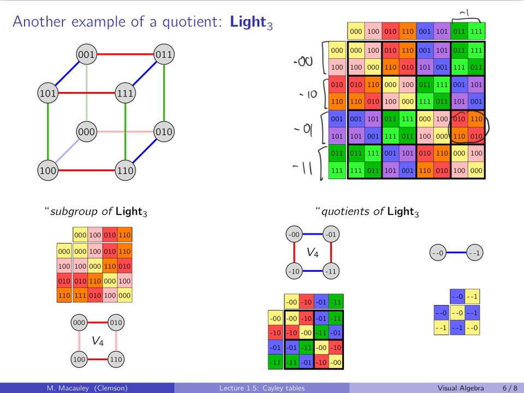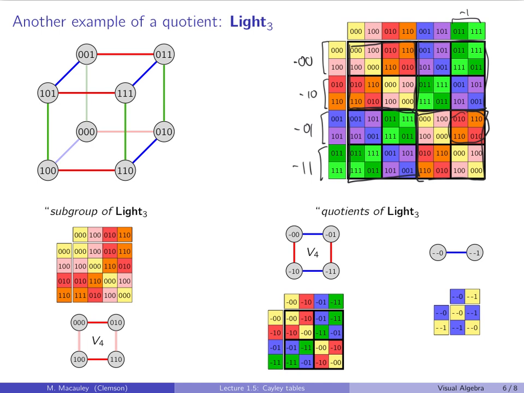Now, there's actually another quotient involved. If I squint my eyes even harder and look at these 4 by 4 blocks, there also is a group structure here.